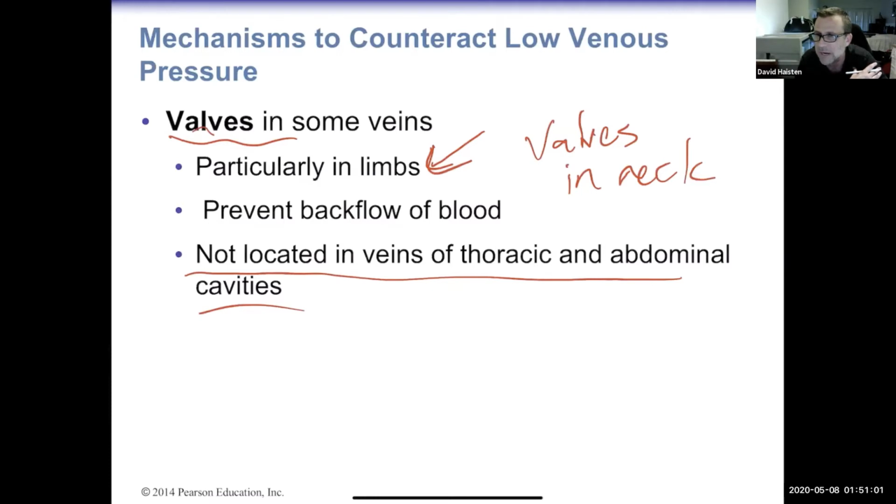How's it getting back? What mechanism could make it kind of move along? If there's no valves, what's to kind of prevent backflow and get it going? And in your limbs, you have muscles, so they're squeezing the blood along, and they're also closing the valves.